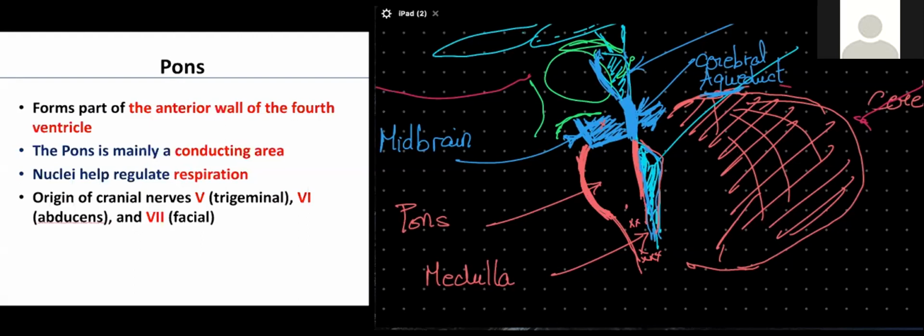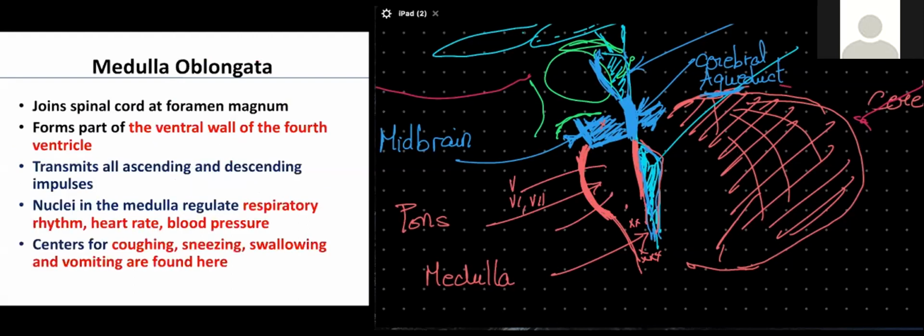Also coming out from the pons, we've got the nuclei for 3 of the cranial nerves. Those are cranial nerves 5, 6, and 7. Those are my trigeminal, abducens, and facial nerves.